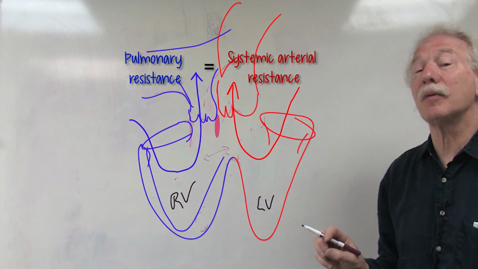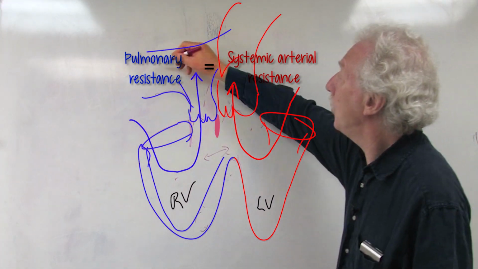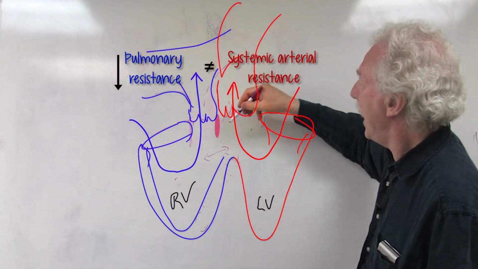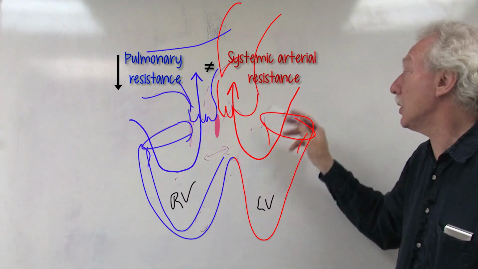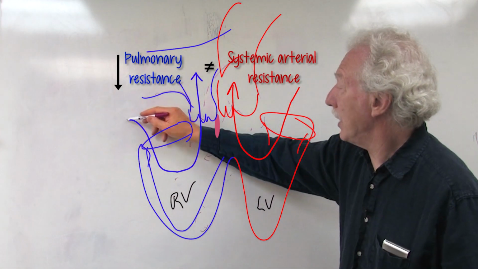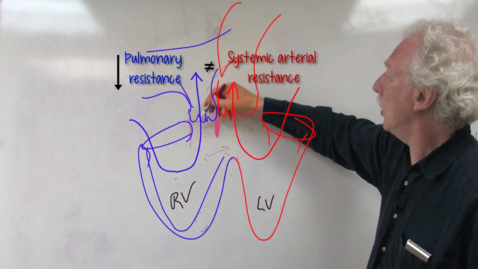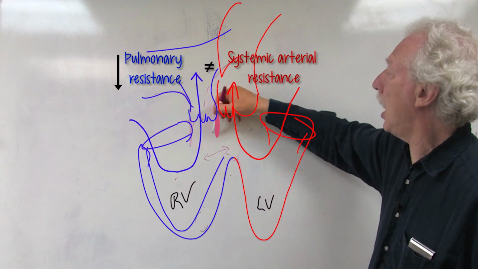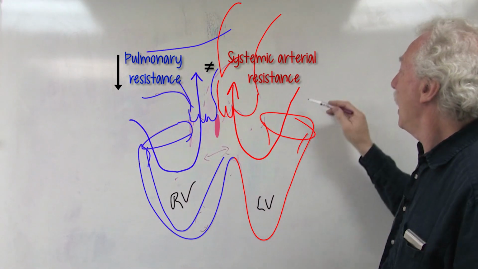over the course of the first weeks to months of life, pulmonary resistance drops, and it's easier for blood to go to the pulmonary arteries than to go to the body. And so right atrial blood goes through the right ventricle and comes up across this essentially unobstructed right ventricular outflow tract, goes to the pulmonary artery.